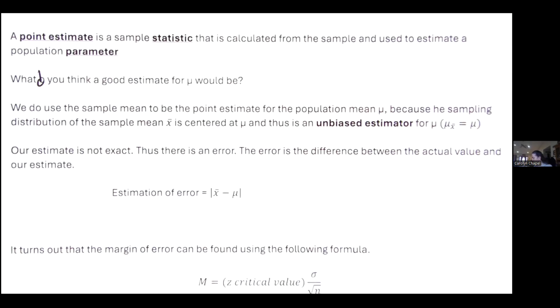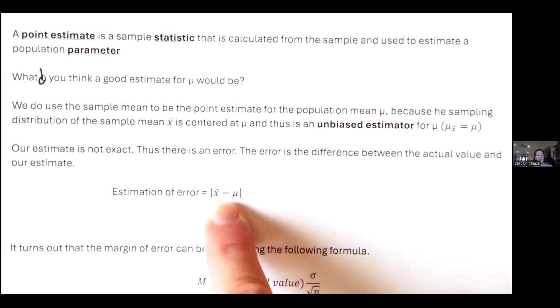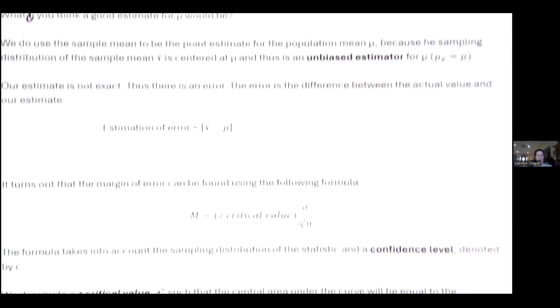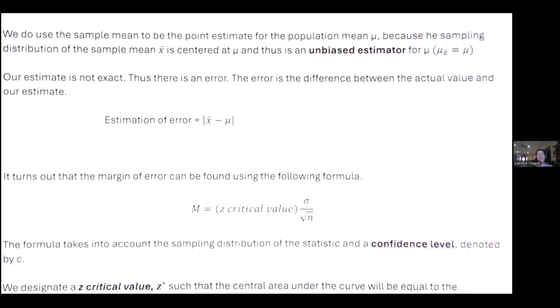We like to think of error not so much about being bigger or smaller, but that there's some error going on there. And that error can be found out, it turns out, and again, we aren't going to be finding the reasoning behind this. We're just going to be learning how to use this.